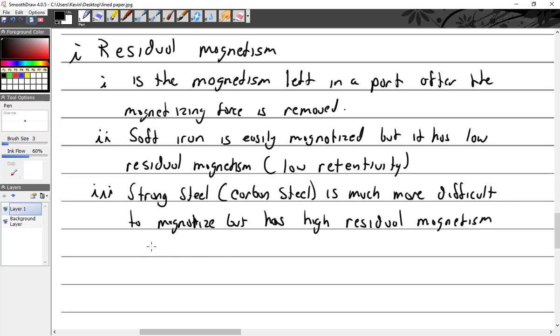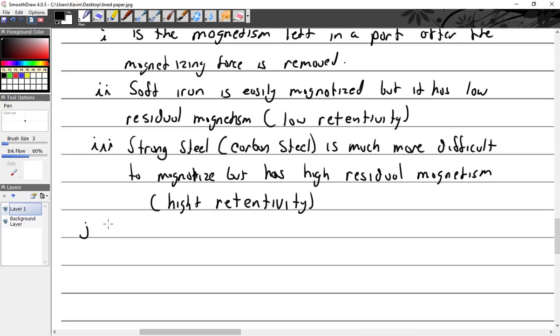And what's that word? High retentivity. Residual magnetism, also called retentivity.